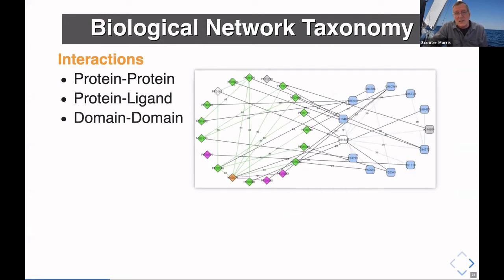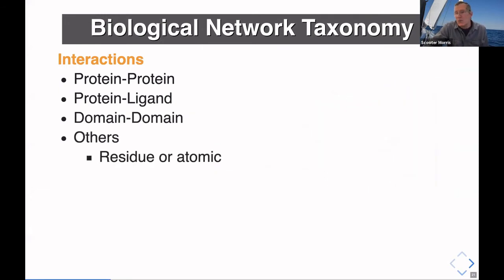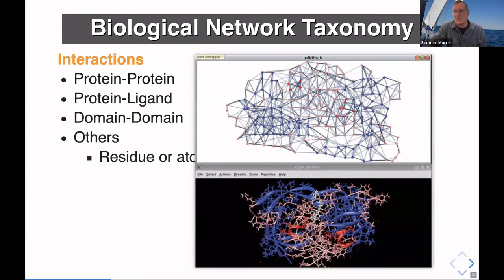And you can even have residue-residue interactions. For those of you who are interested in structural biology, here is a protein shown in UCSF Chimera, and here's the residue-residue interaction network shown in Cytoscape. And so you can get different ways of looking at all of these networks.